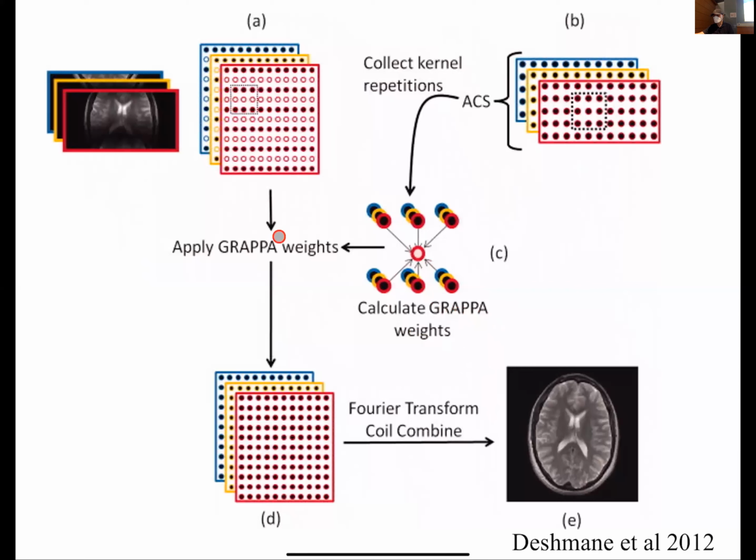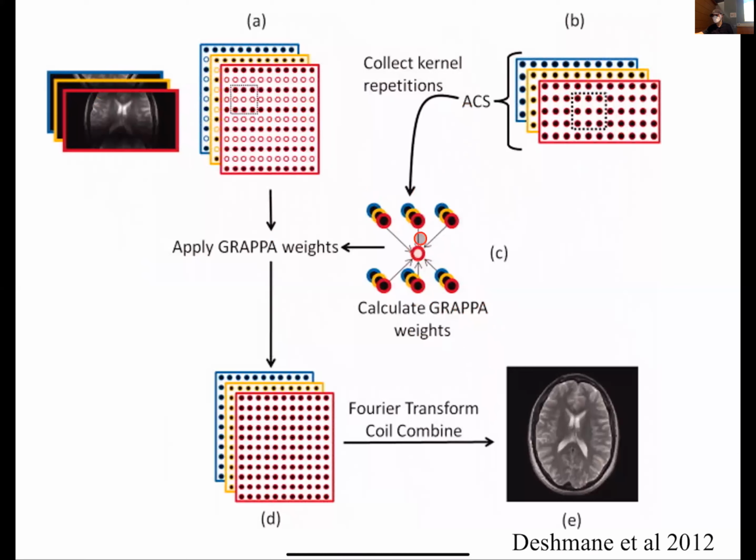But the idea is this: I can acquire some calibration images which have all of k-space. Let's say I'm missing this point in k-space. I can use neighboring points around it in k-space to calculate what that missing point is, because there's smoothness in my image.